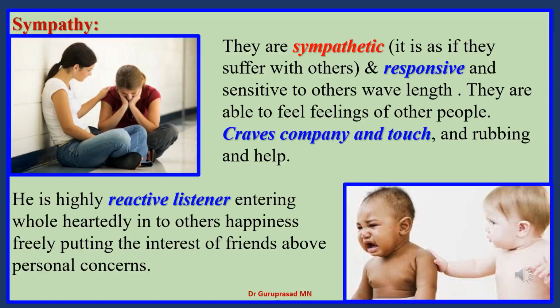Sympathy in relation to Phosphorus. Many textbooks describe Phosphorus as highly sympathetic individuals. Sympathy for others, we have Causticum, we have Natrum muriaticum, Phosphorus. Now, in what way do the sympathy of Natrum, the sympathy of Causticum, and the sympathy of Phosphorus differ?